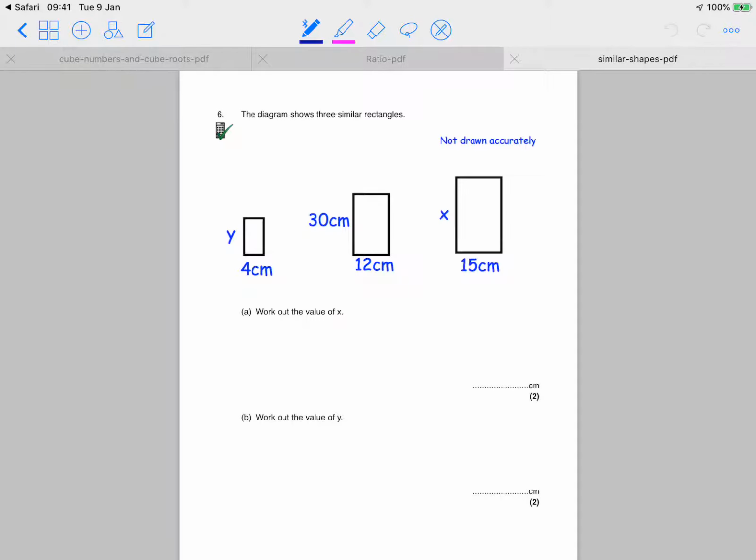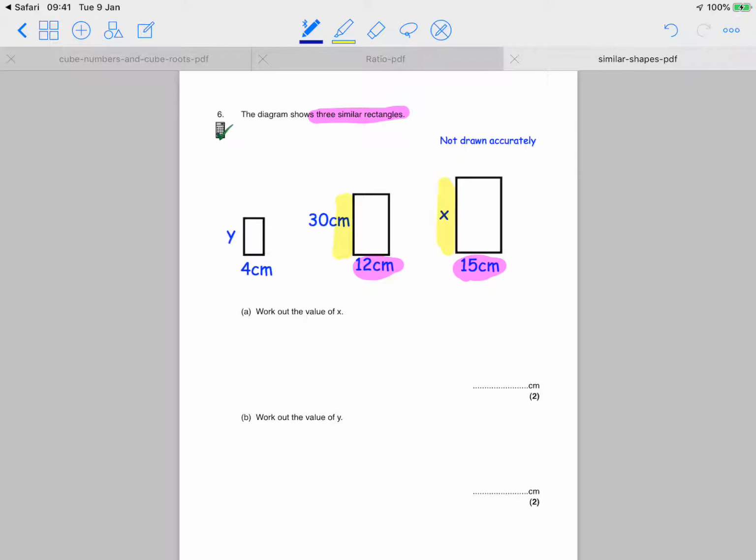This time I've got 3 similar rectangles, but because they're similar, the scale factors work for length and width. Okay, so these corresponding sides here are all linked. If you look at the first question, question A, we need to look at this relationship so that we can then work out the length of x.